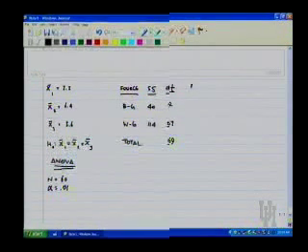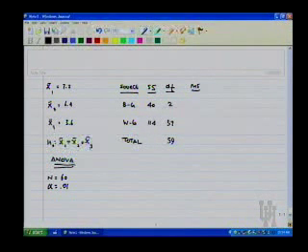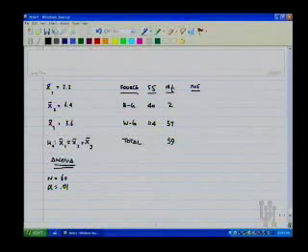The next column here is the mean square. The mean square for each of these terms is computed by dividing the sums of squares by the degrees of freedom.